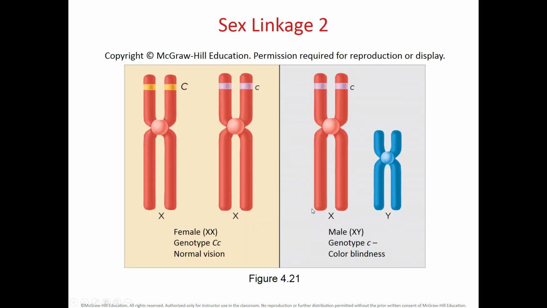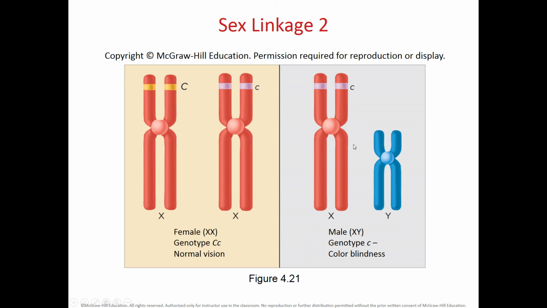So this is just to illustrate the problem. Here you have this recessive trait for color blindness, which is the mutated one. And then in here you have the normal color vision with a capital letter. This is dominant. So if you put these two, the female genotype will be big C, little c. She will have normal vision because she only has the recessive mutation on one X, and the dominant prevents this from being expressed.